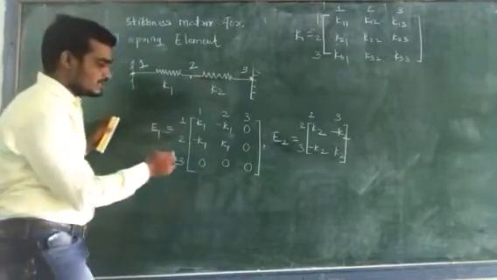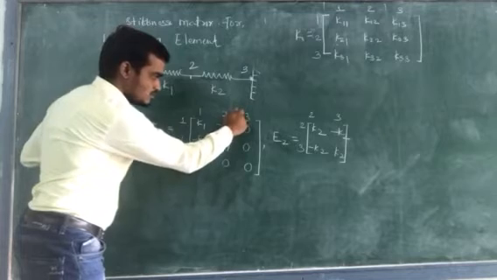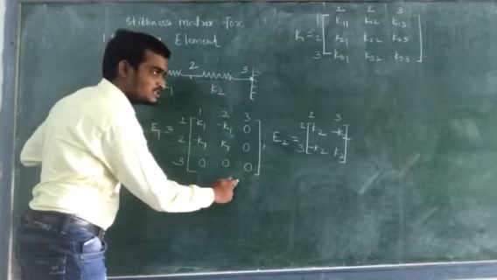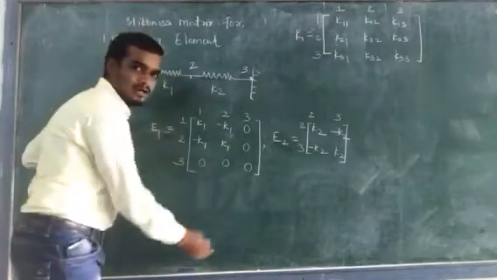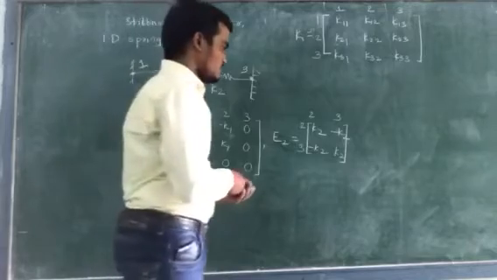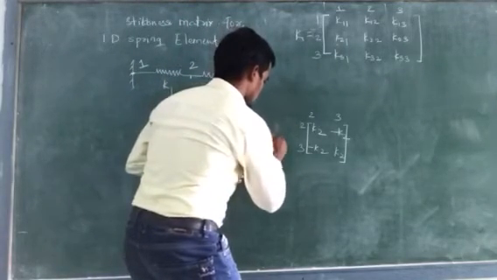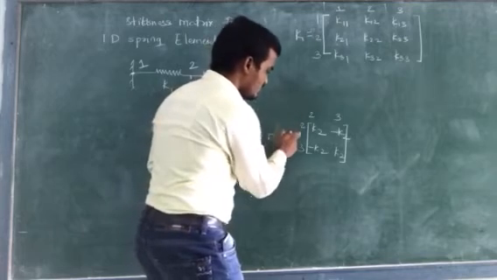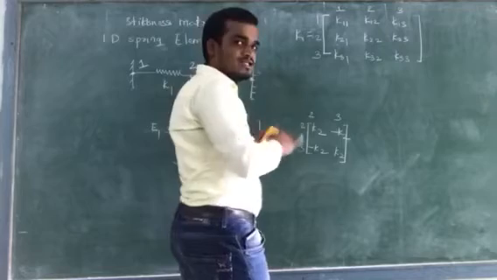So we can write this with the third column of 0 elements, the third column of 0 or null values. Okay. Similarly, E2 we can write. Actually, E2 is between 2 and 3, but we need first row and first column.